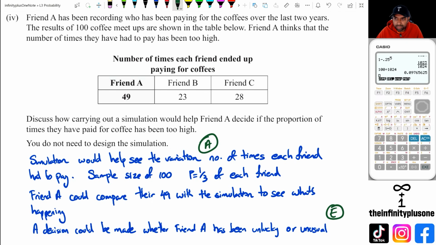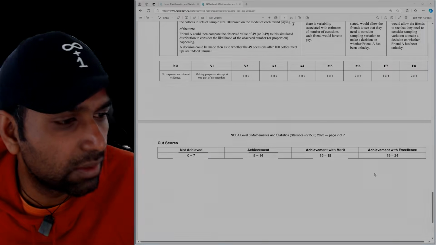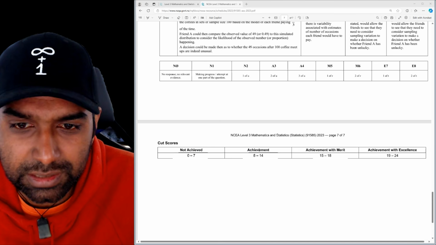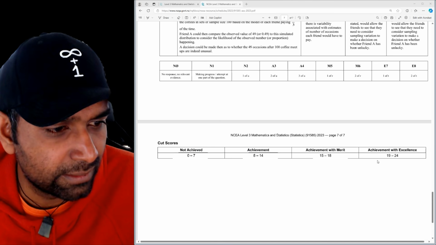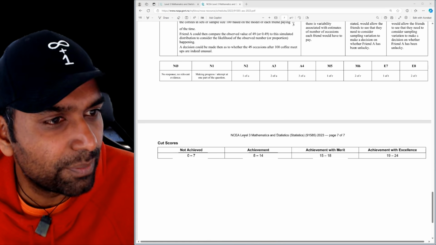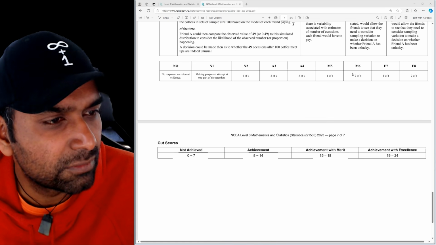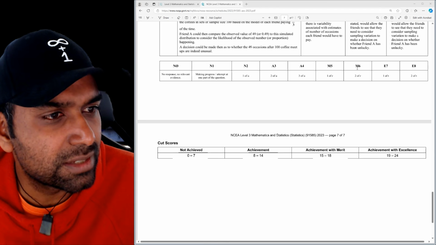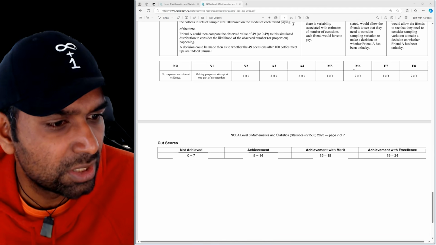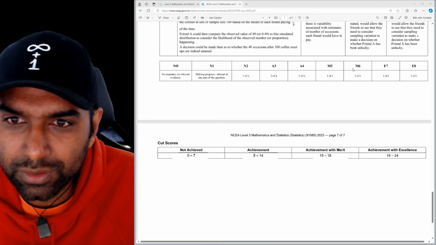Cut scores for this paper, we are looking at 15 for merit. Achieved is 8 to 14, and excellence is 19. It's not bad. You can get like 2 M6s and 1 E7, and pretty much you're rocking with an excellence.